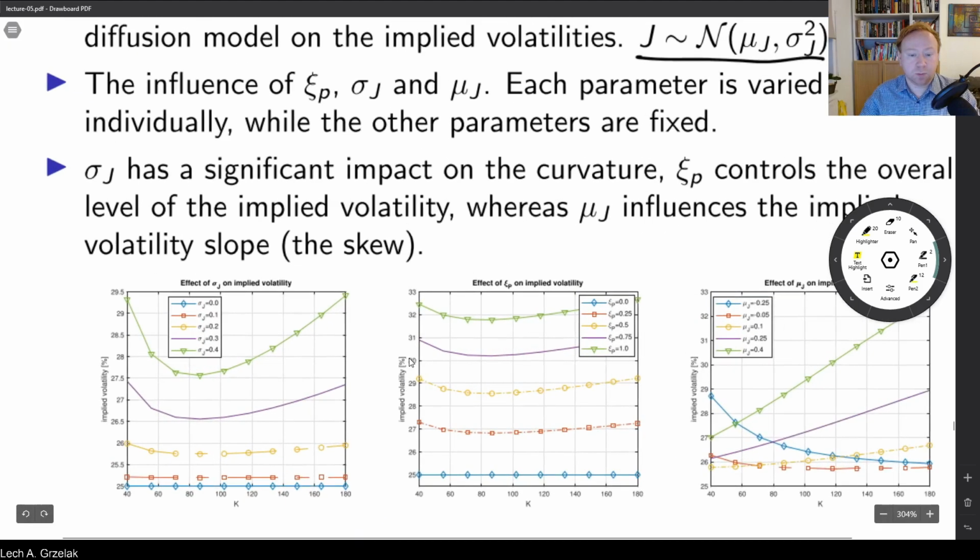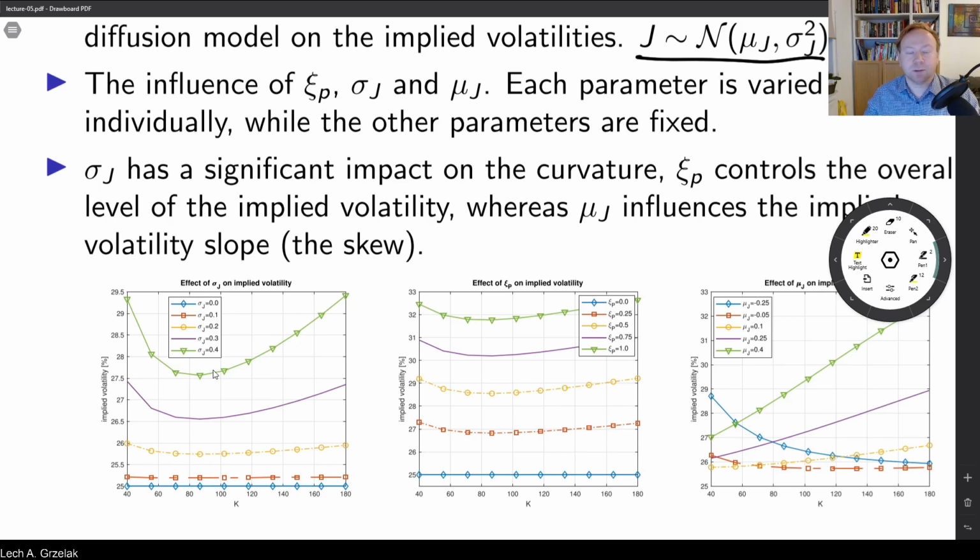Let me zoom in on the graph. We can see that the volatility of a jump has an effect on curvature. So we see there is a much more pronounced smile effect, or flattening of the smile, and also a level effect. By increasing sigma J, the uncertainty or volatility of the jump magnitude, the overall level increases.